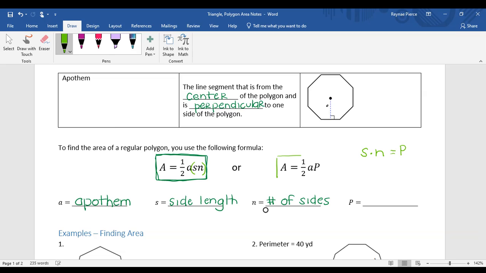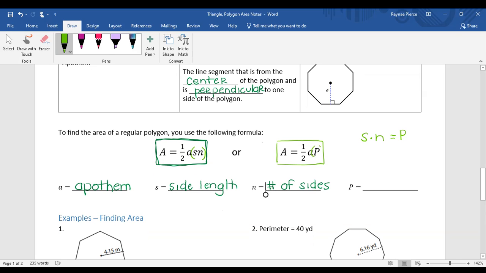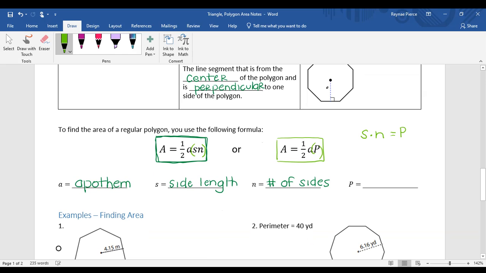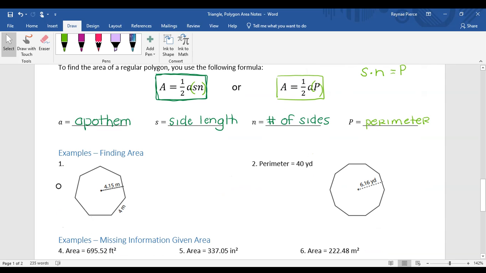So this 1/2 times the apothem times the perimeter is actually a second way to find the area of that regular polygon. Capital P stands for perimeter, and you will only use this second one if you're given the perimeter.